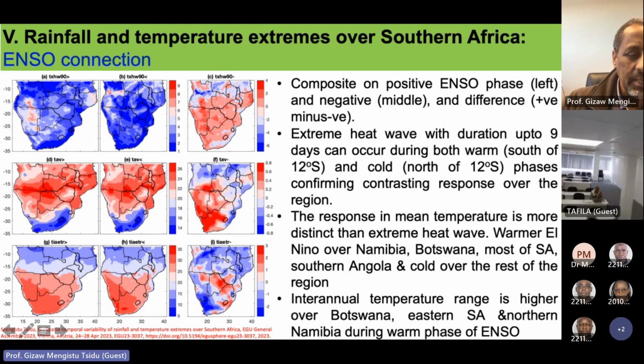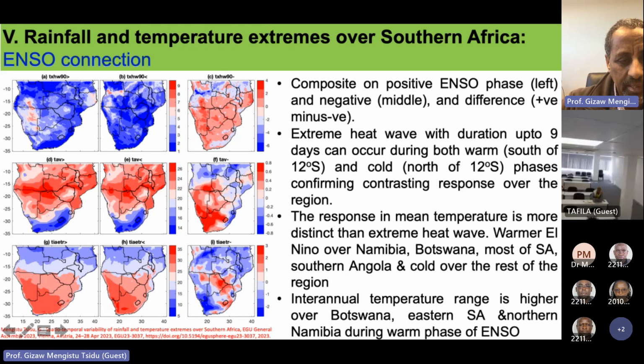And for the mean temperature, again, D is the El Nino composite, E is the La Nina composite of mean temperature, and on the panels they look more or less similar, but you can see there is actually some difference when you take the difference. The difference is small, of course, but you can see clearly there is a difference.